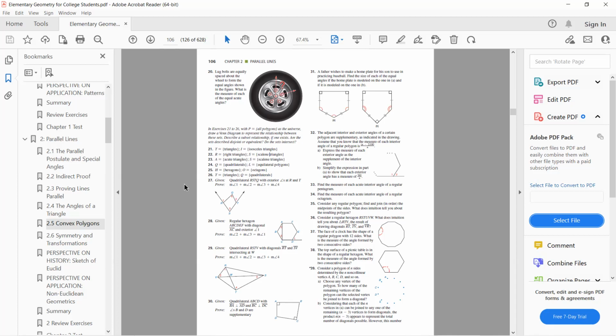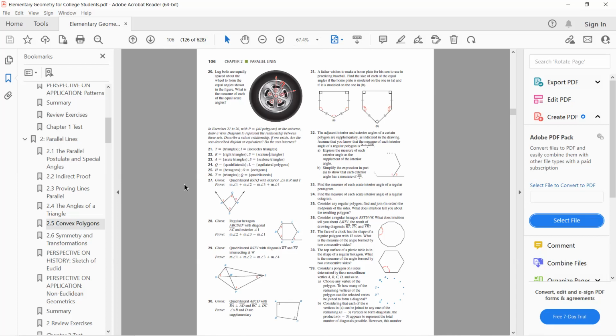No. So in this case, you would say there is no subset relationship between H and O. But for example, in 21, isosceles triangles is a subset of T. It's inside the bigger set T. That's all it means.